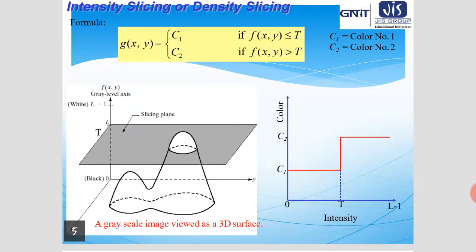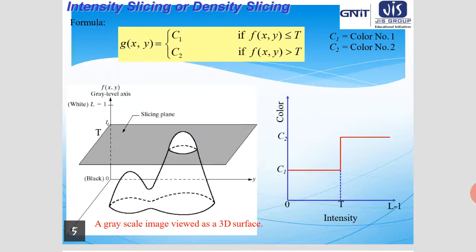We have given the formula g(x,y) equals c1 if f(x,y) is less than or equal to t, and it will be c2 if f(x,y) is greater than t. Here c1 is color number 1 and c2 is color number 2.